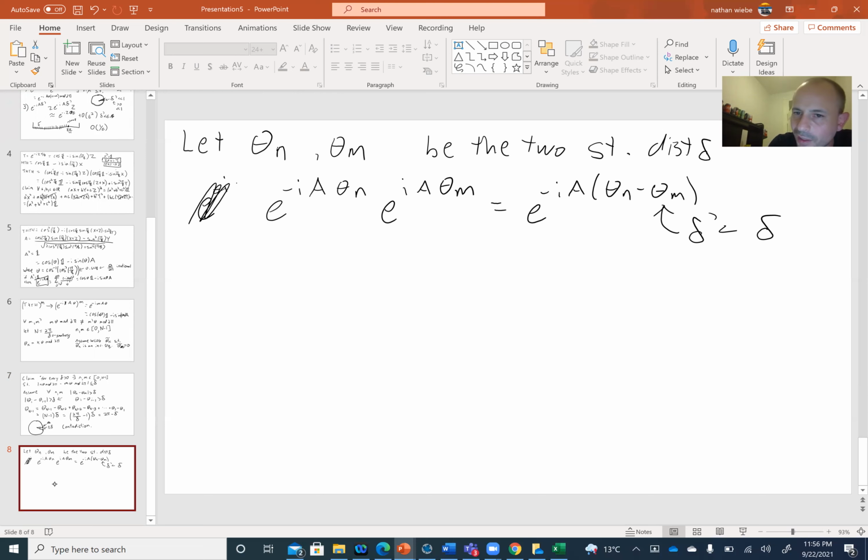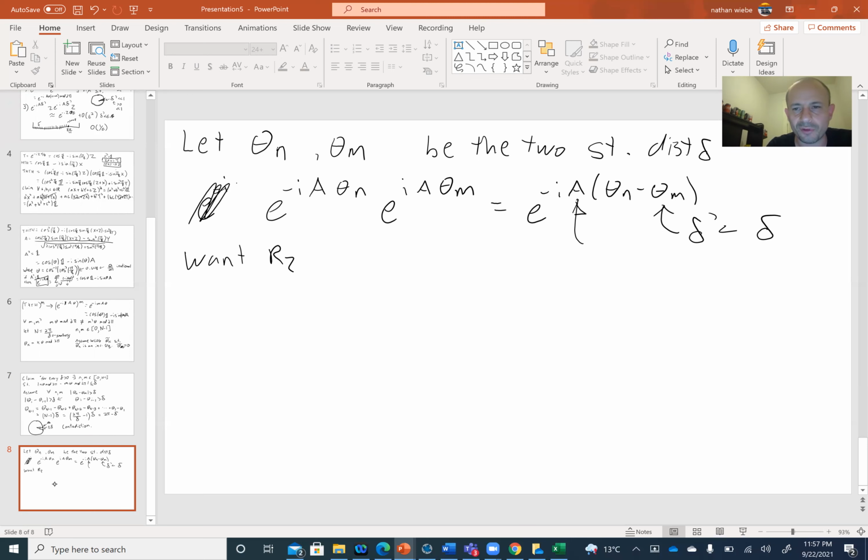But the annoying bit is that we want RZ. Instead, we've got this funky operation A kicking around. And we'd like to figure out a way of converting this A operation into something that looks like a Z rotation. The way that we're going to do this is as follows.